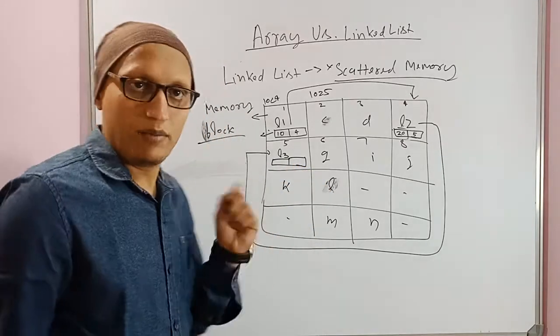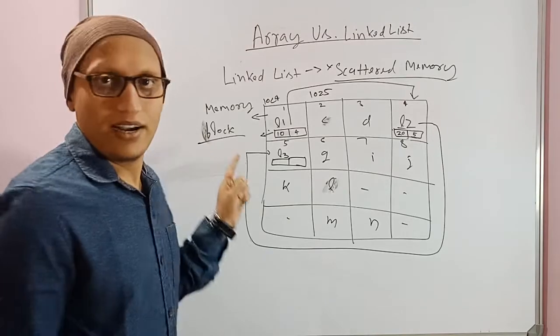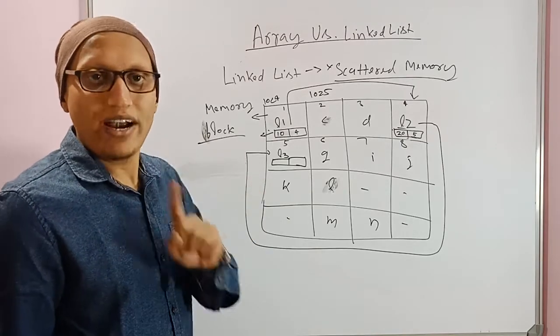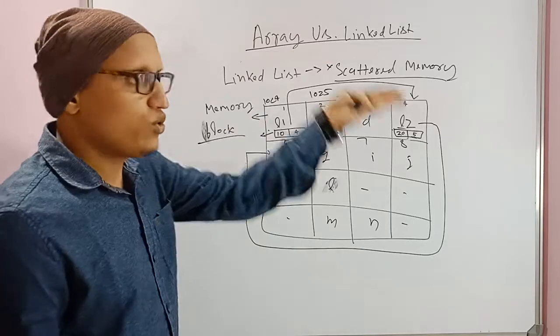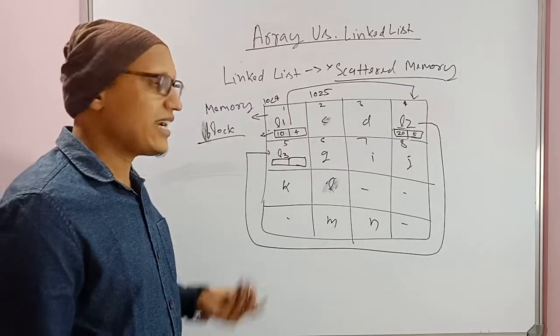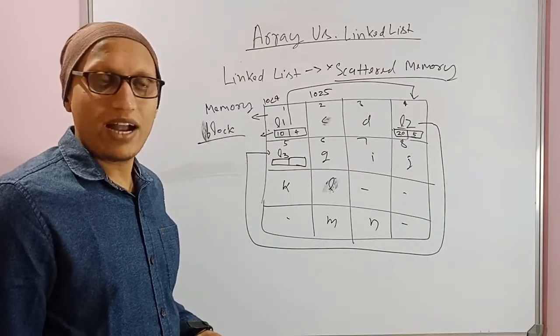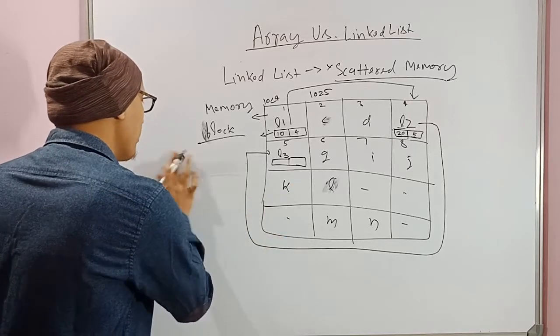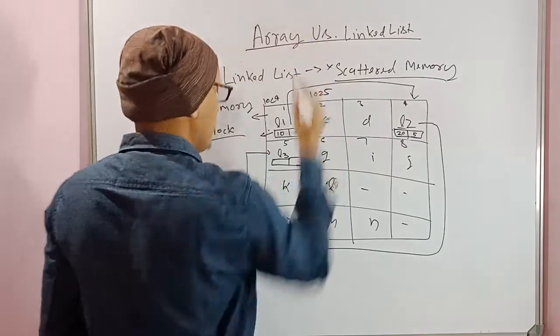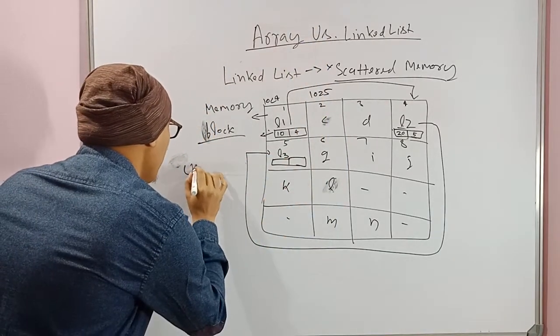If I have even a single memory location, I can create a linked list and store at least one data. And if I have to store multiple data and those memories are free at some scattered locations, we can use that. So I can say that it is a kind of utilizing memory.